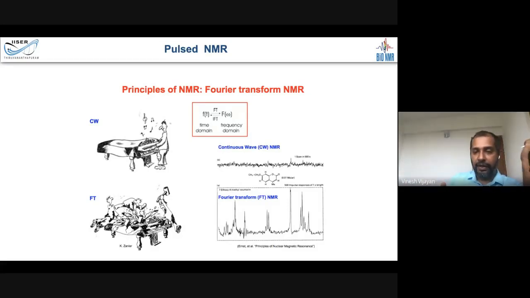Similarly for nitrogen-15, the gyromagnetic ratio is 1/10 of proton. So for 11.74 Tesla, that resonance frequency will come around 50 megahertz. So you have to go to 50 megahertz in order to see nitrogen-15 NMR.